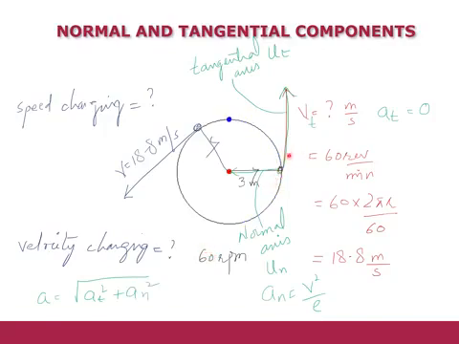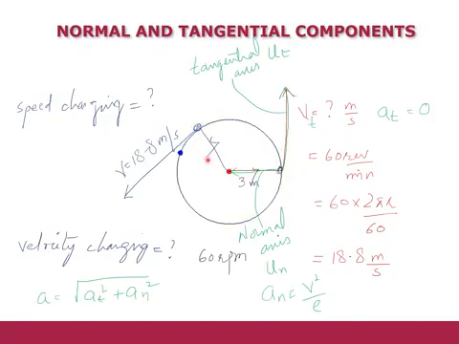So, what is the summary? The summary is that a particle moving in a curved path can be represented by a normal-tangential coordinate system. In this system, we have two axes: the tangential axis and the normal axis. The tangential axis is always tangent to the point on the curve, and the normal axis is always directed toward the center of the circle.